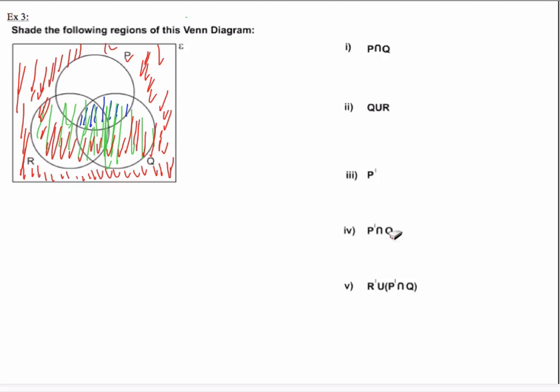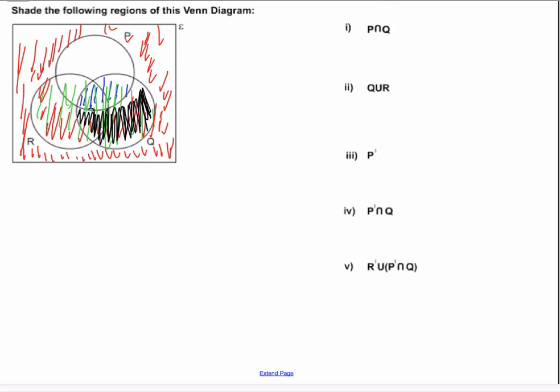And then we have not P intersect Q. Not P is already shaded in red, so the intersection of not P and Q is going to be the section of Q that is red. And the last one, we already have this region done in black.